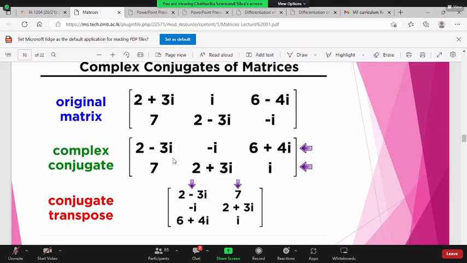Next we find the complex conjugate, then the conjugate transpose. What do we mean by conjugate transpose? After converting to the complex conjugate, we take the transpose.